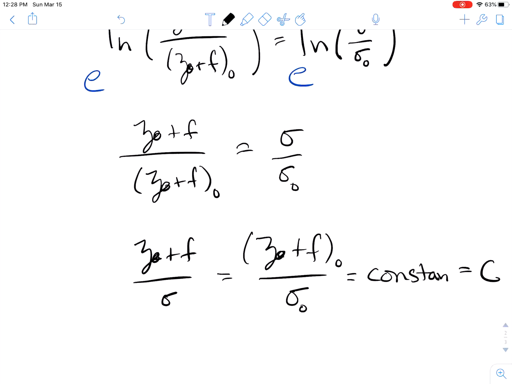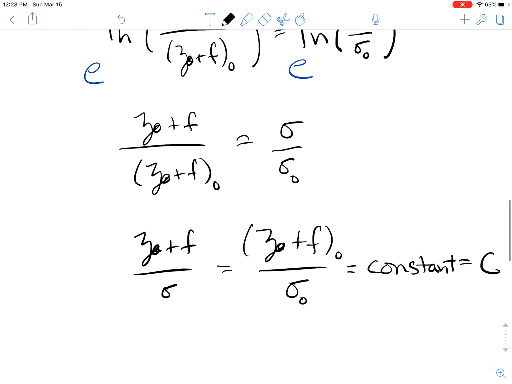So it turns out that for adiabatic frictionless flow, our ratio of absolute vorticity on our isentropic surface divided by our static stability is a constant.